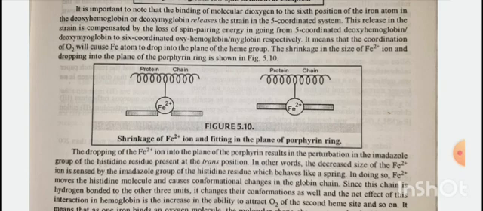This release in strain is compensated by the loss of the spin pairing energy in going from 5-coordinated deoxyhemoglobin and deoxymyoglobin to 6-coordinated oxyhemoglobin and oxymyoglobin respectively. It means that the coordination of O2 will cause the Fe atom to drop into the plane of the heme group. The shrinkage in the size of the Fe2+ ion and its dropping into the plane of the porphyrin ring is shown in figure 5.10.